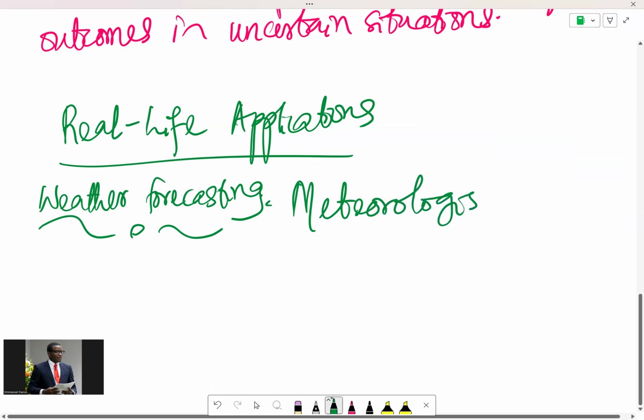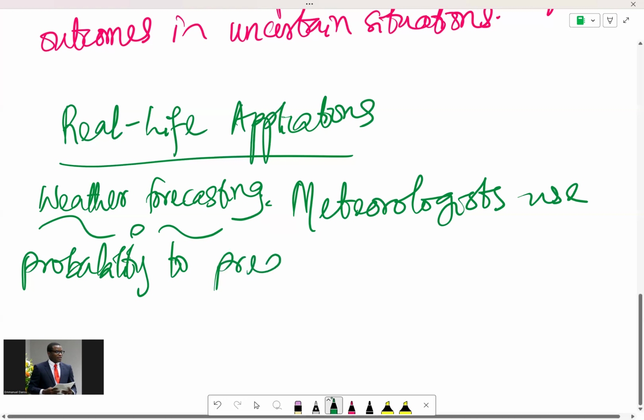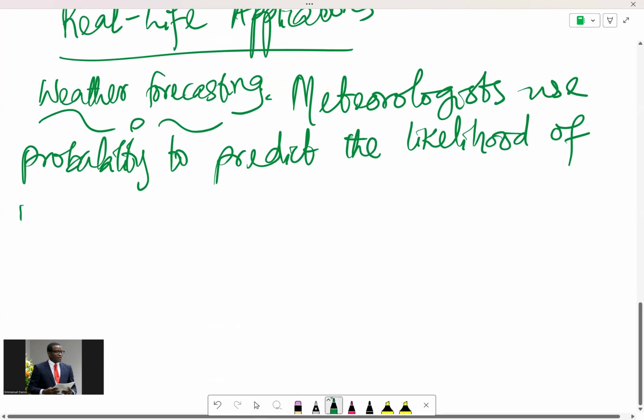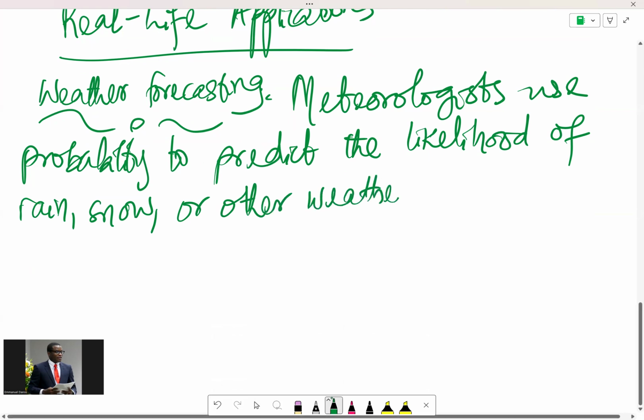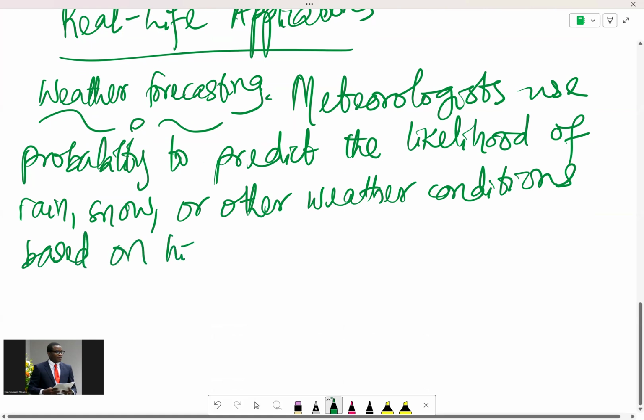Meteorologists use probability to predict the likelihood of rain, snow, or other weather conditions based on historical data and models.